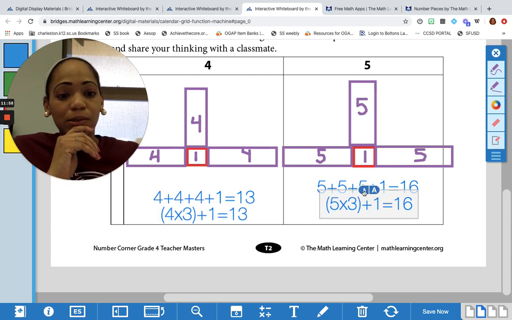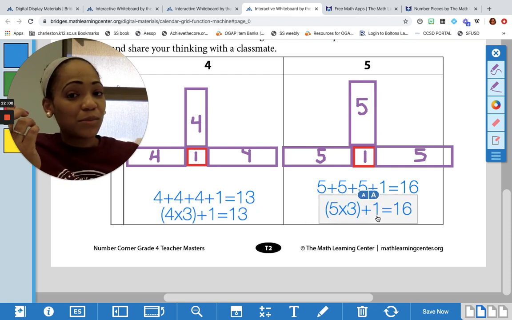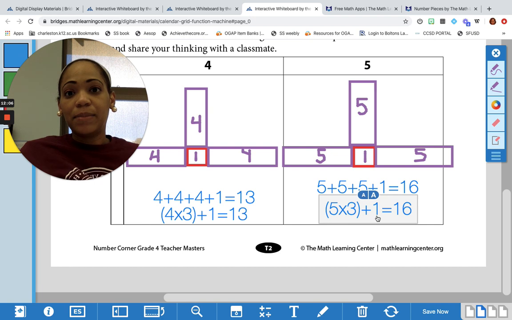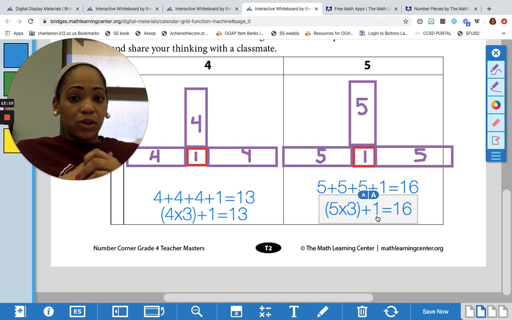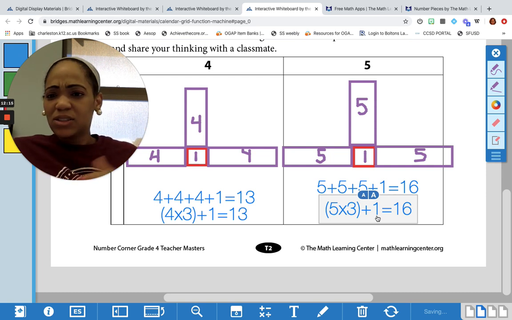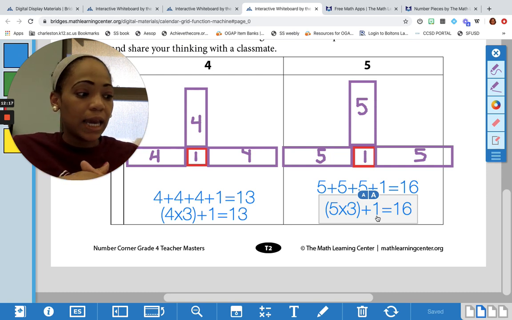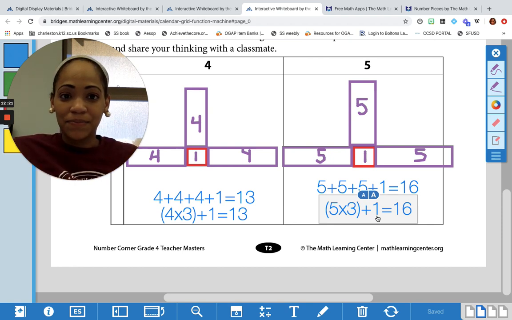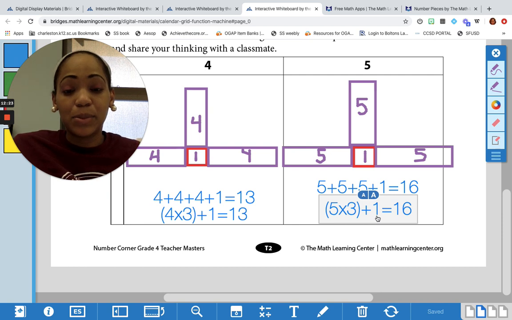Now, here's the deal. A function machine, you have to put in a code. So I can't put in on the date, multiply it by 3, times it by 1. Can't do that. Or multiply by 3 and then add 1. I can't do that. I need a letter that would stand for any number, depending on what date it is.